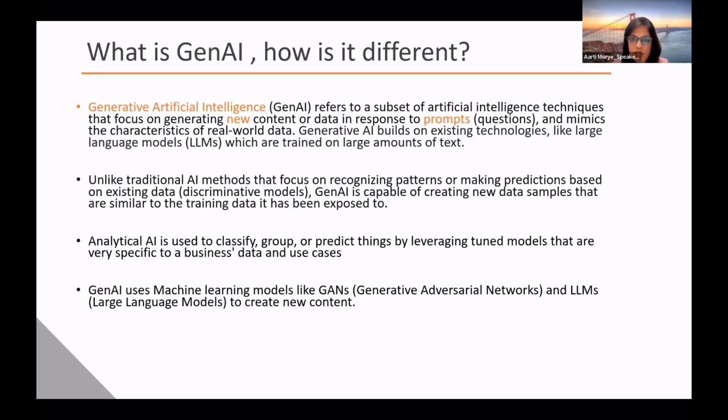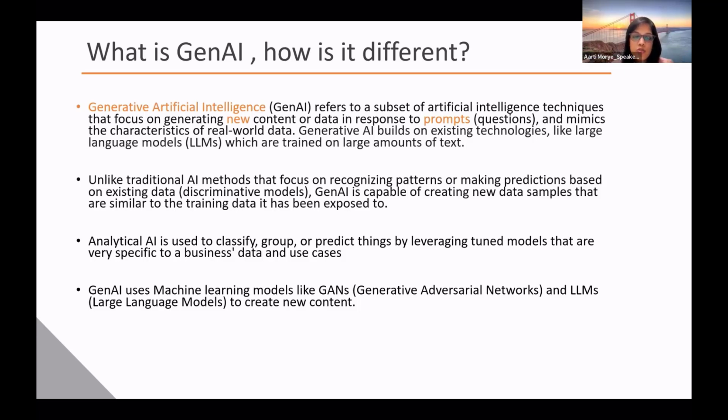And what they have been doing traditionally is predicting some value, recognizing patterns, or clustering, grouping things. That is what we have seen with traditional AI or analytical AI methods. Generative AI is going one step forward and creating new data samples.